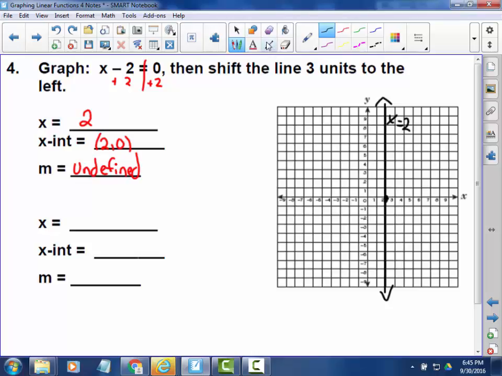Then we want to shift this line 3 units to the left. So this direction is the left, correct? So if we go 3 units, 1, 2, 3, we're now at negative 1.